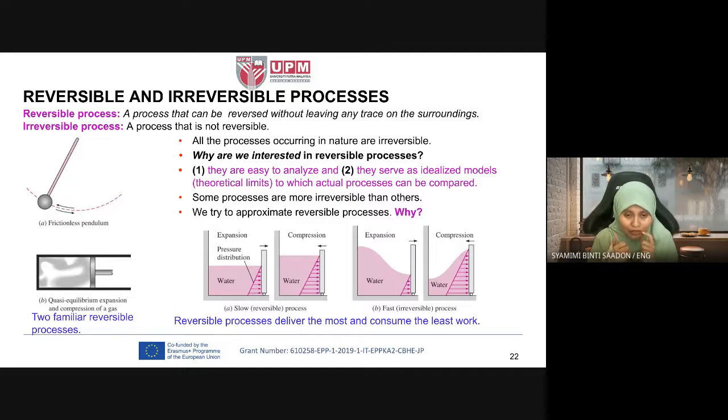If we do the compression and expansion very slowly, we try to maintain the behavior of the energy within the gas. But normally we just do it at normal speed, so it is not a reversible process. If the process is fast, it is normally irreversible and cannot be reversed back. If you do it slowly, we might achieve a reversible process, so we minimize the loss as much as possible during the expansion or compression.